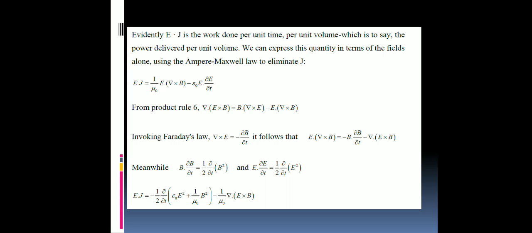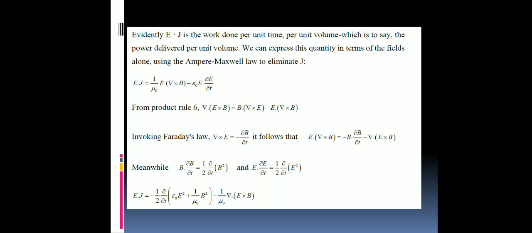So that E dot J is equal to minus dou by dou t of (1 by 2 epsilon naught E squared plus 1 by 2 mu naught B squared) minus 1 by mu naught del dot (E cross B).